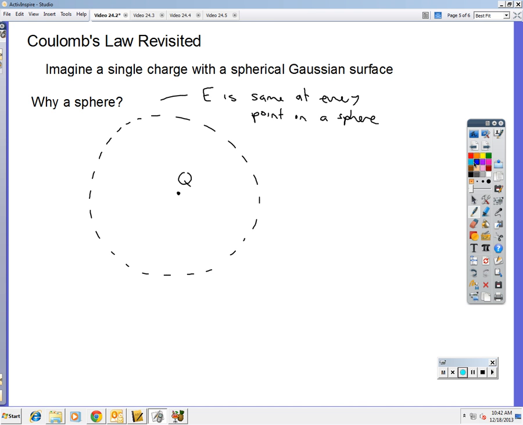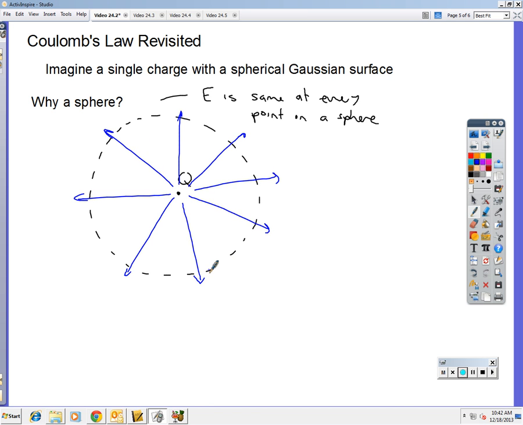And so if I draw the electric field lines for this, because of that, this integral E dot dA, which is the enclosed charge over epsilon 0, that integral just becomes E times dA, because E is a constant. And that integral dA is just the total area of the sphere.